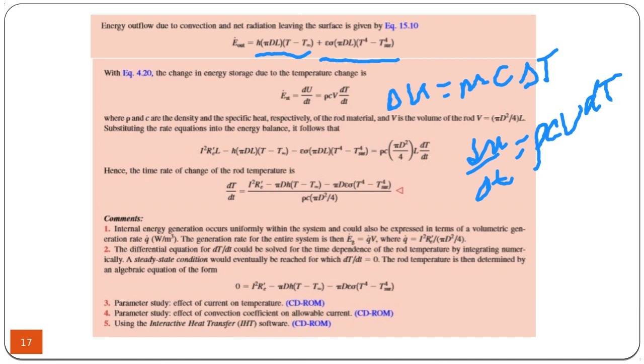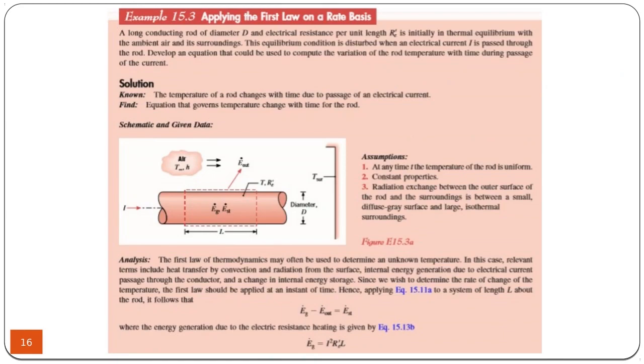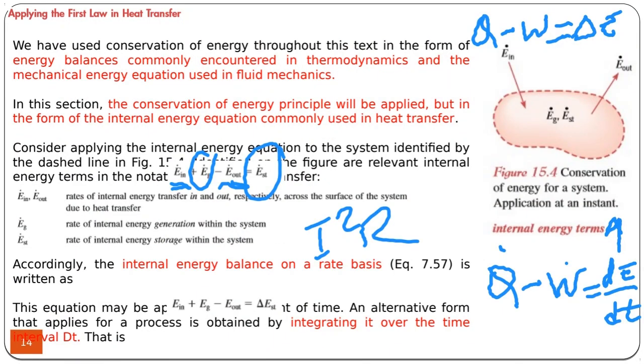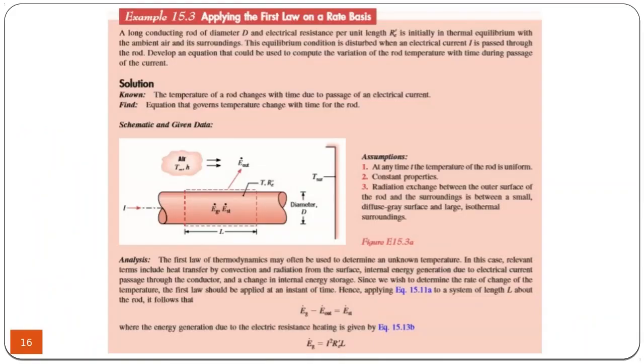So we can write the net energy in and out of the system, because E in plus E generated minus E out should be equal to E stored. If we put everything in this equation, this is the generated heat.